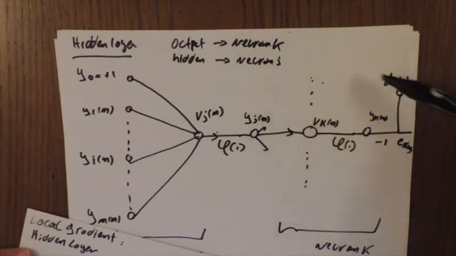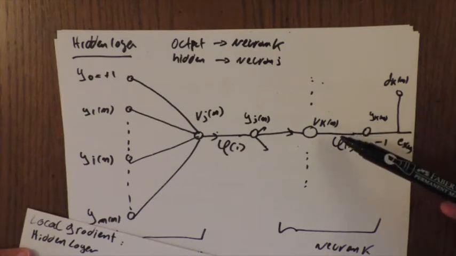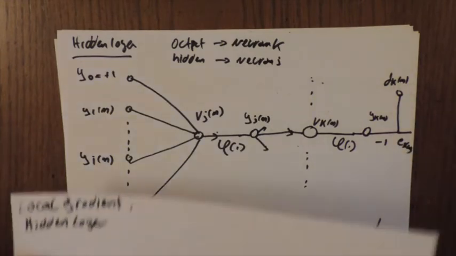We know how to compute the local gradient for the output neuron, since we have the error signal here. But what about the local gradient for the hidden layer?